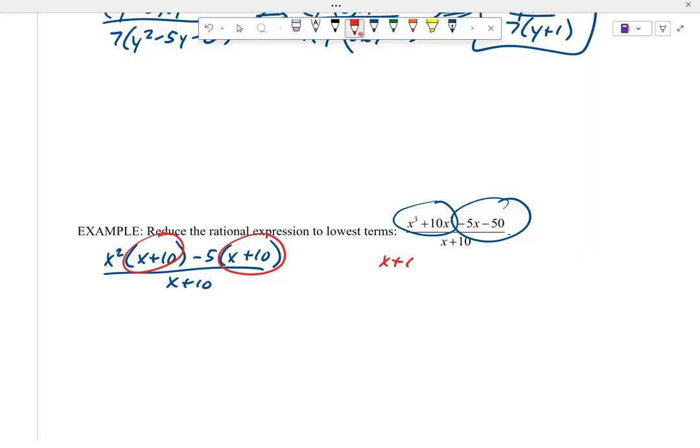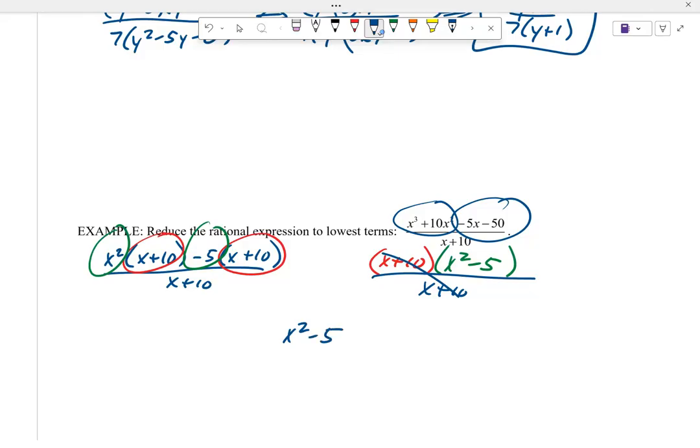So we take an x plus 10 out, that's common, and I'm left with the x squared minus 5. There's our factoring by grouping. Notice we have a common x plus 10. So we just end up here with an x squared minus 5 once we've completely factored that.